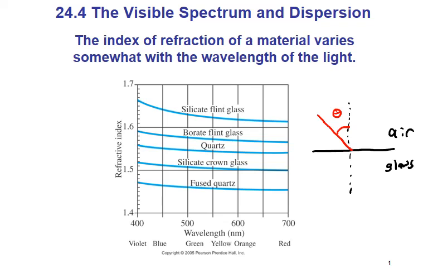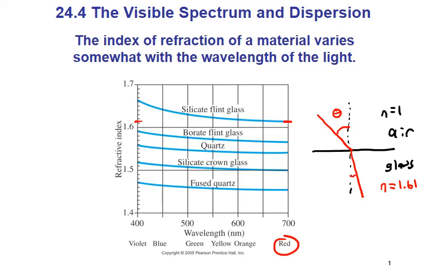Looking at red here, the refractive index for glass is about 1.61, and air is 1. So it's going to bend a certain amount towards the normal.